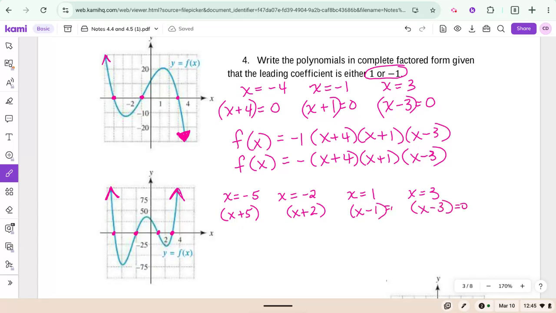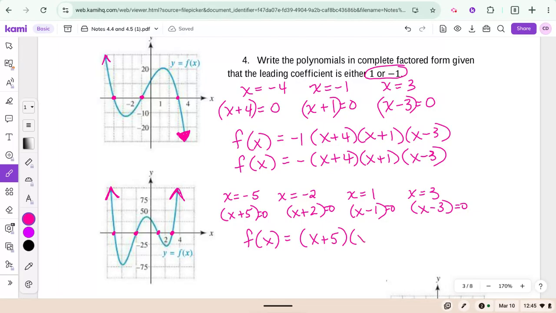And of course, those would all say equals 0. And so when I put them together, I remember the leading coefficient is 1, so I could put a 1 here or not. It's understood if I don't write it that the leading coefficient is going to be 1. And so this is the factored form of this particular function.